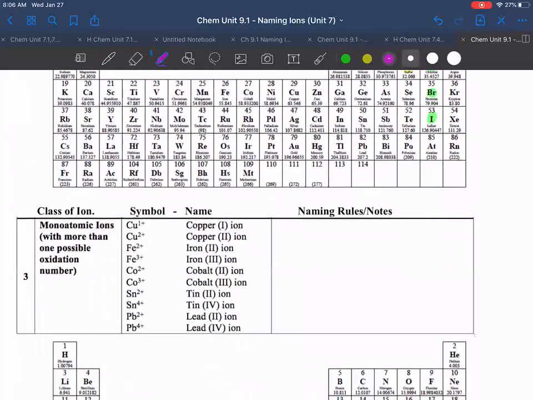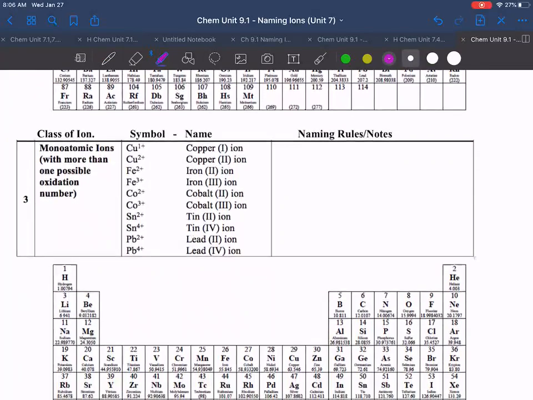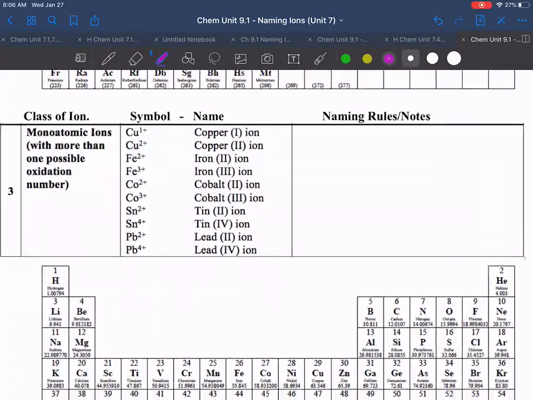When we start working with transition metals, they can form more than 1 charge, and this is where it kind of gets a little tricky. But how we name these, and so one thing I'll draw attention to is I'm just going to highlight this little statement here, that these are the ones with more than 1 possible oxidation number. Remember, oxidation number just means charge.